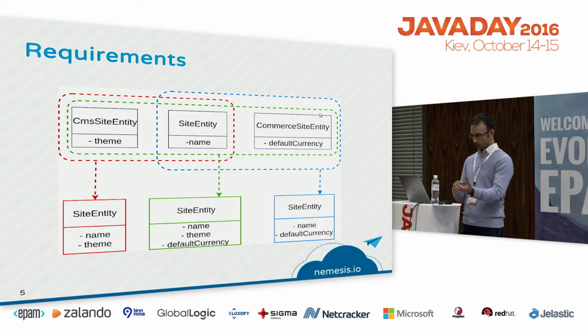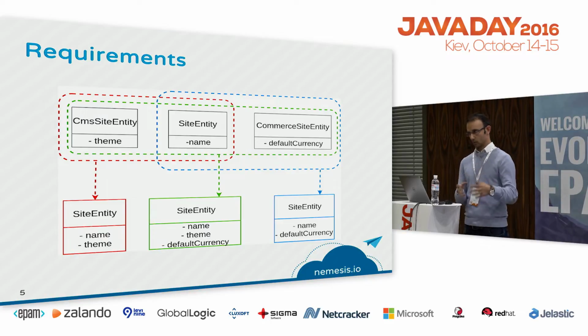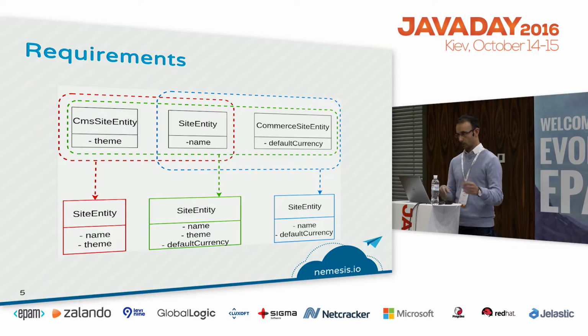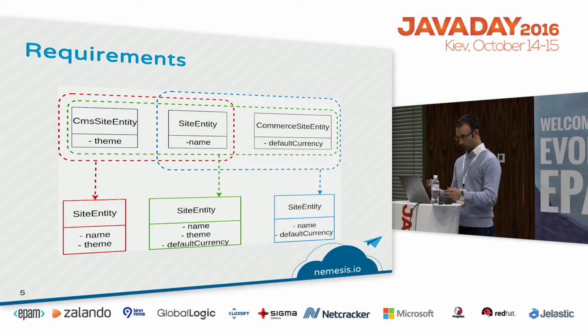So depending on what kind of configuration of modules the customer chooses, what we want to have is a totally different JPA entity. So this means another totally different database with its own columns and its own foreign keys and so on.